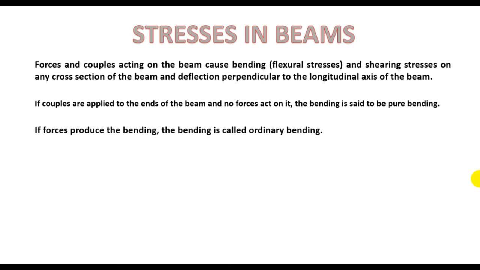If force produces the bending, it is called ordinary bending. What is ordinary bending? When force produces bending, suppose forces are working on any structure or a beam, it will produce some bending, and this type of bending is known as ordinary bending.